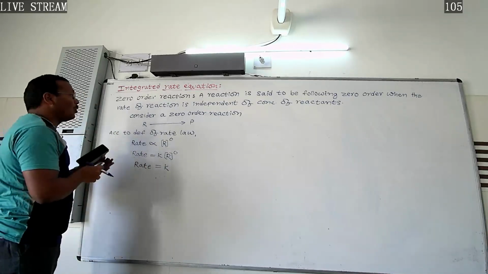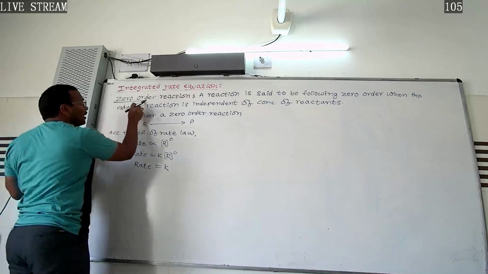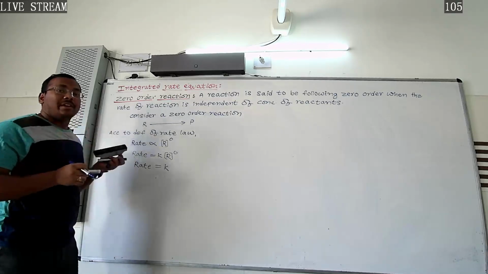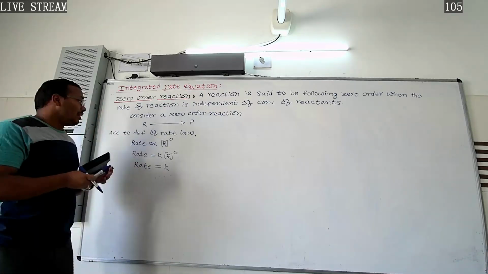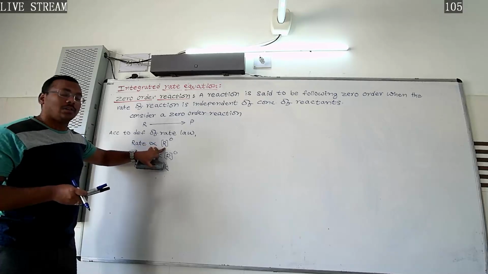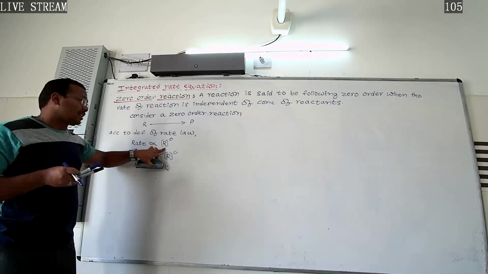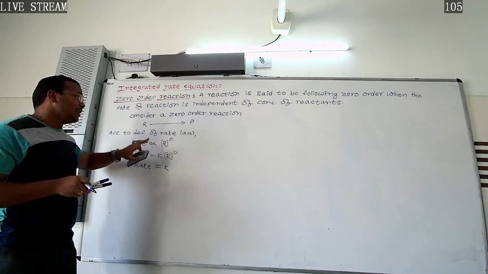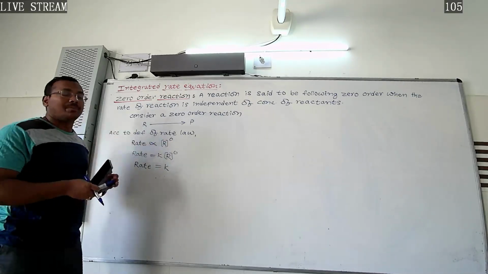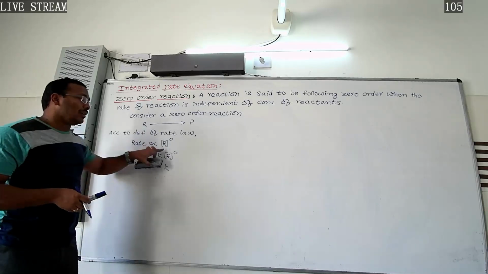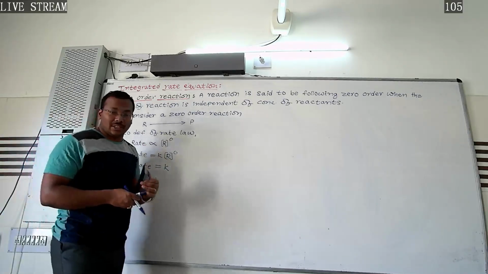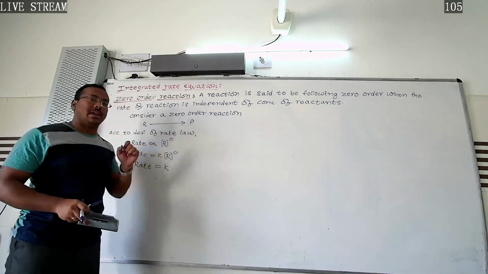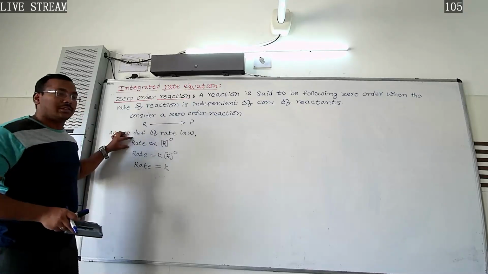This is what I have written in the definition. So actually the definition I have not explained to you because it is understood here. See, in the previous video we have studied that the rate of reaction depends on concentration of reactant. But here the concentration of reactant is raised to the power 0, which means these are those reactions where the rate is not dependent on concentration of reactant. Meaning, in the previous video we learned that the rate of reaction depends on concentration of reactant.